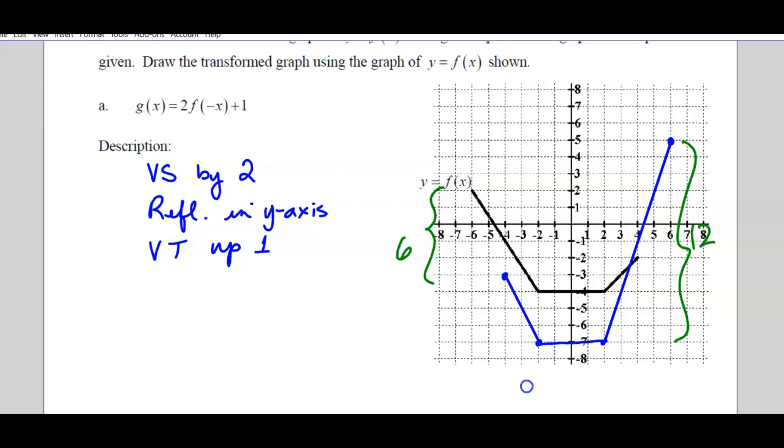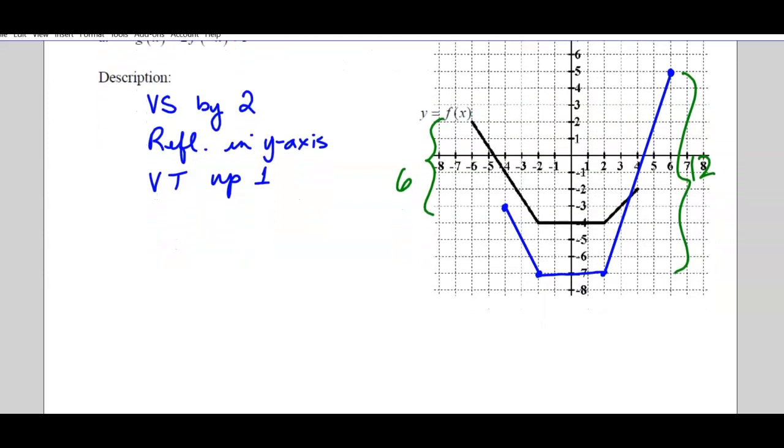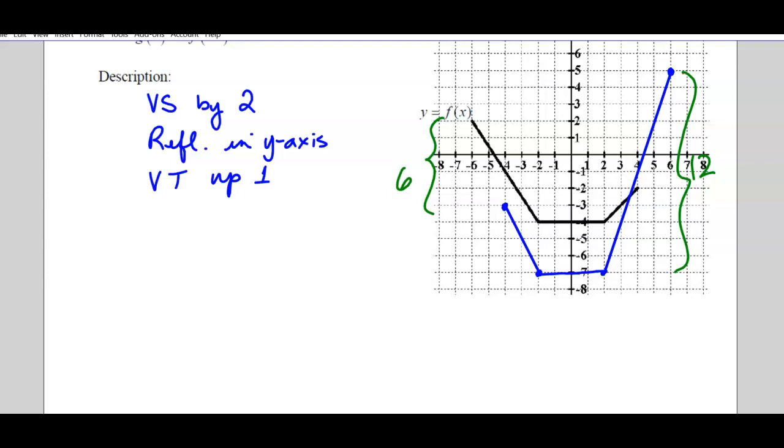Twice as much. Okay? And the biggest arm was going up and to the left. If I reflect on the y-axis, it's got to go up and to the right. Okay, go over to the next one. You can start on it.